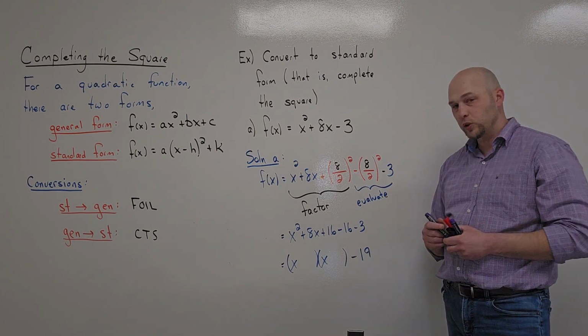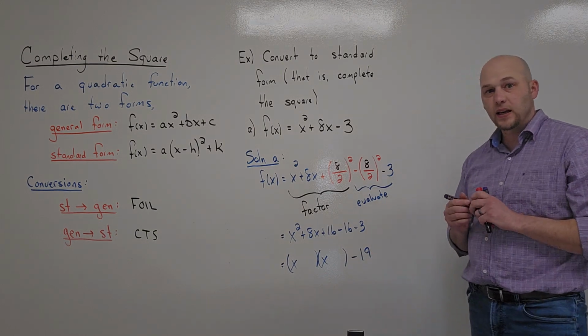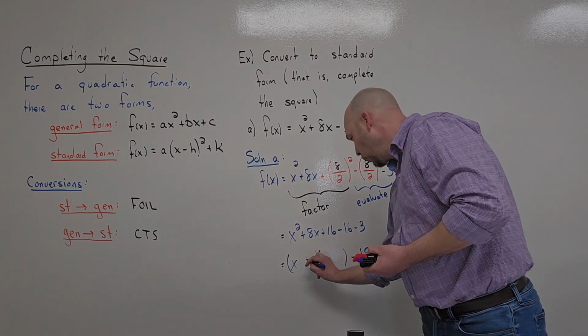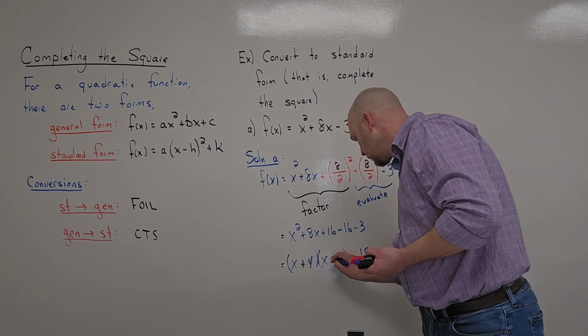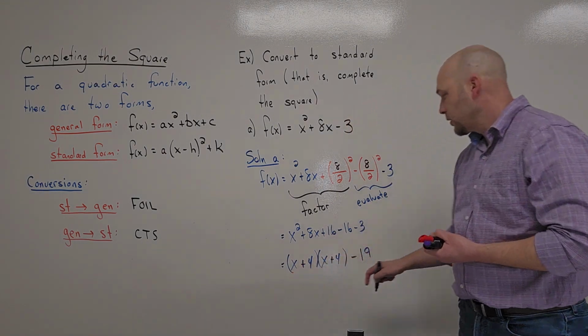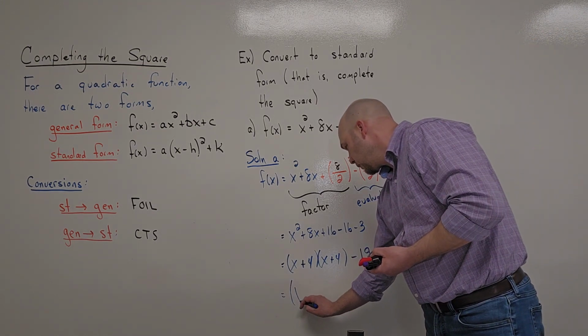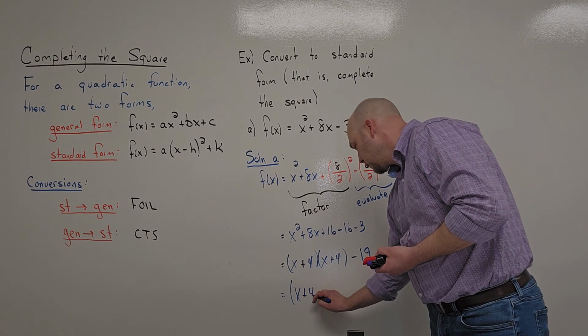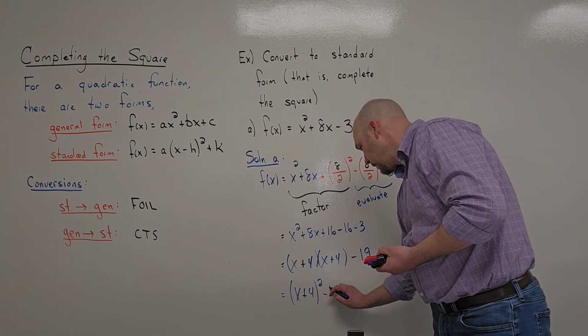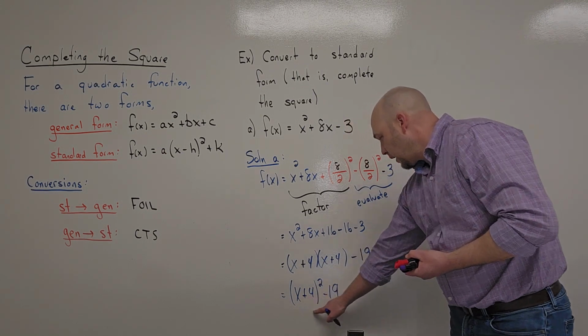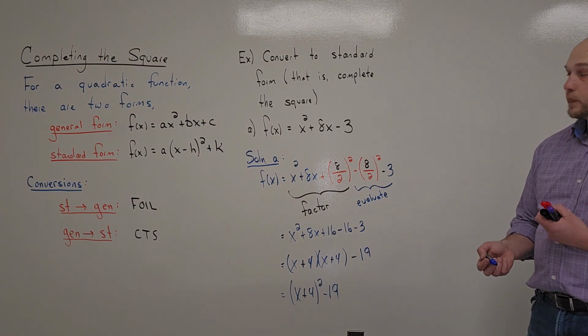That would be 4 and 4. Notice that that would then be x plus 4 quantity squared minus 19, and that is standard form.